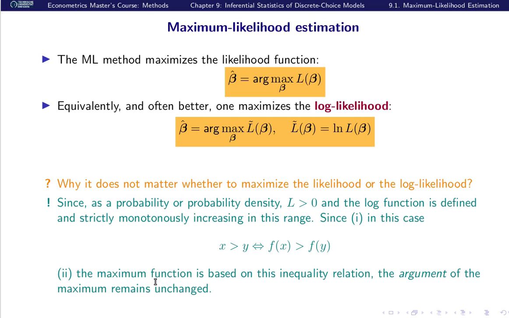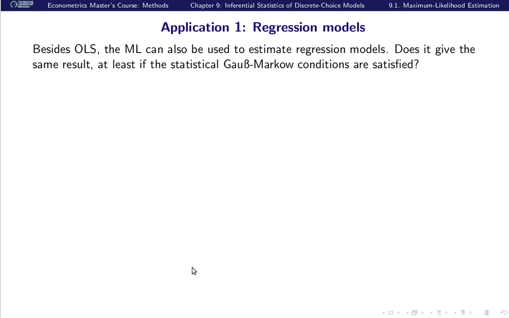And since the maximum is based on such an inequality, that means the argument of the maximum remains unchanged. Of course, the maximum itself will be completely different, but we only focus on the argument of the maximum, and this remains unchanged. And why do we do it? We will see it when giving some examples.